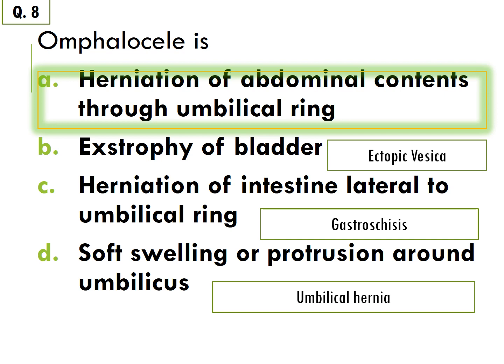Now, extrophy of the bladder is also called ectopic vesica, herniation of intestine lateral to umbilical ring is also called gastroschisis, and umbilical hernia is called soft swelling or protrusion around the umbilicus.